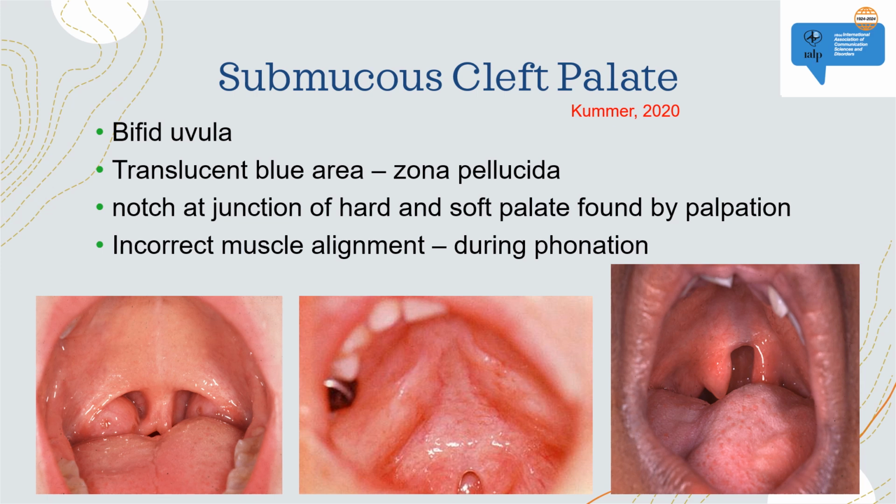Submucous cleft palate can be identified through an intraoral examination. The signs of submucous cleft include a bifid uvula, a translucent blue area which is called zona pellucida, a notch at the junction of hard and soft palate which could be found by palpation of the palate, and incorrect muscle alignment which can be easily seen with phonation.